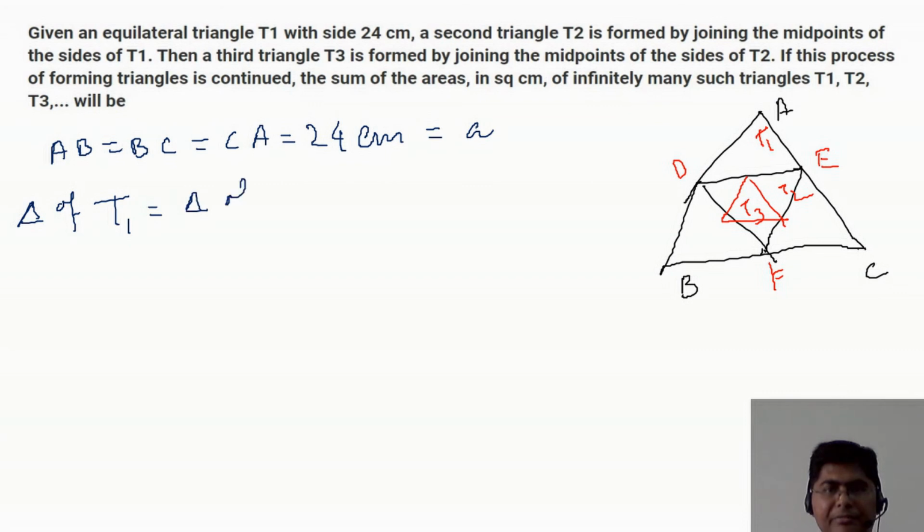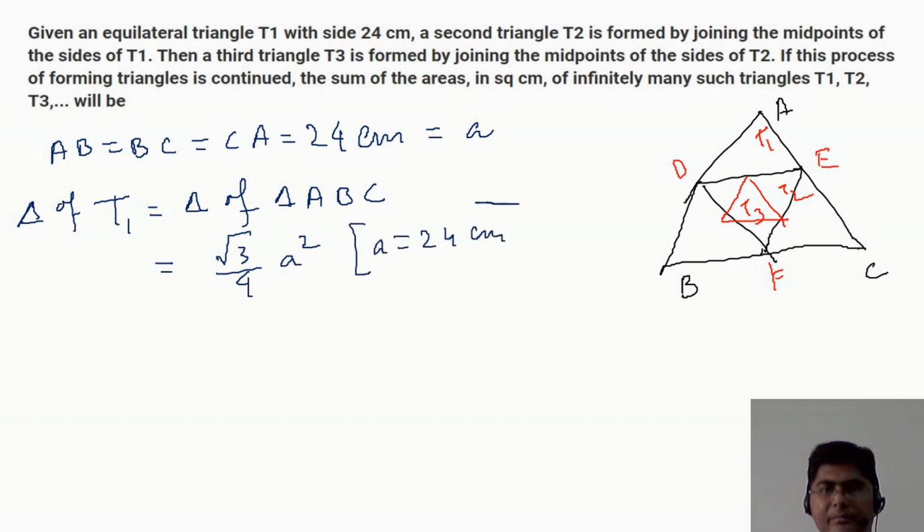Now, area of T1 means how much? Area of triangle ABC. So we can write it down root 3 by 4 a square. Here a is equal to 24 centimeter. Now the second thing is area of T2. Look at what is the area of T2.